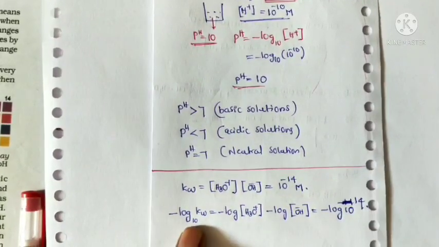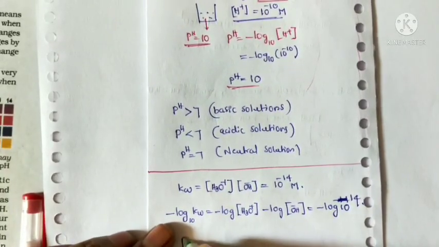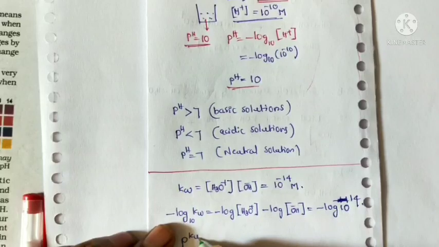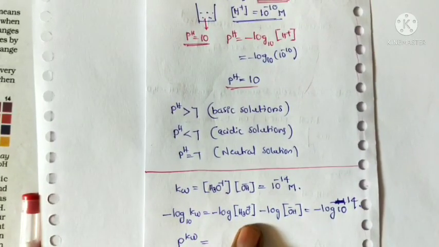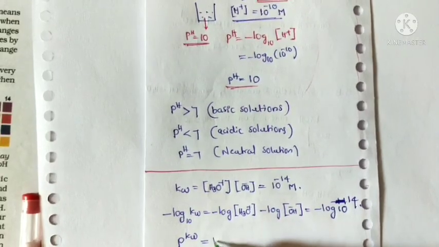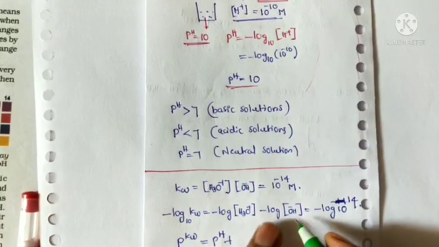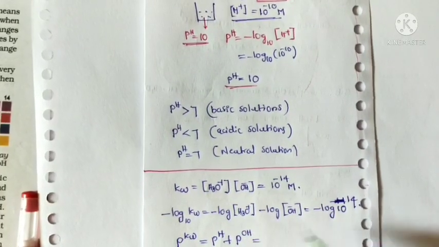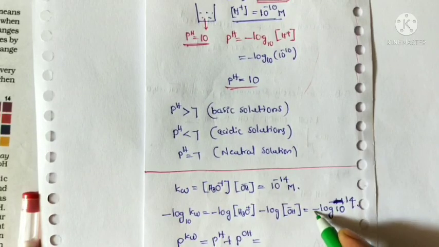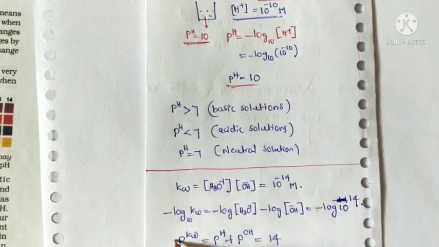We already know this, so it is simple: we can say pKw. The negative logarithm of hydronium ion concentration means pH, plus pOH, equals 14. So this relationship is very, very important.